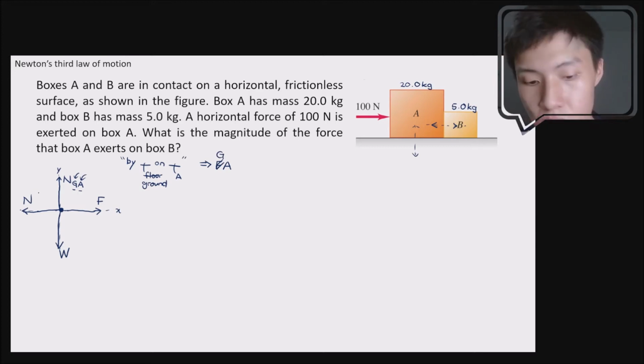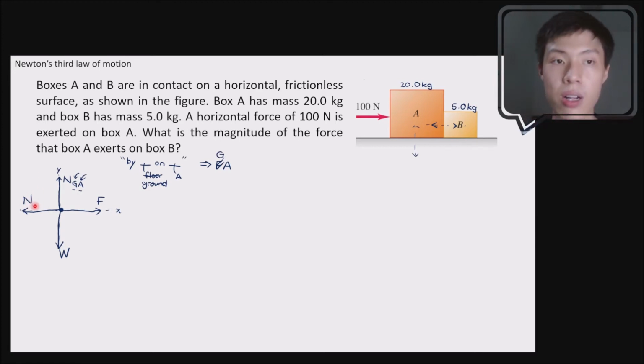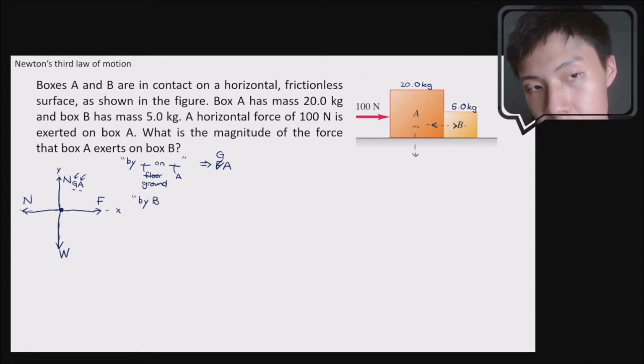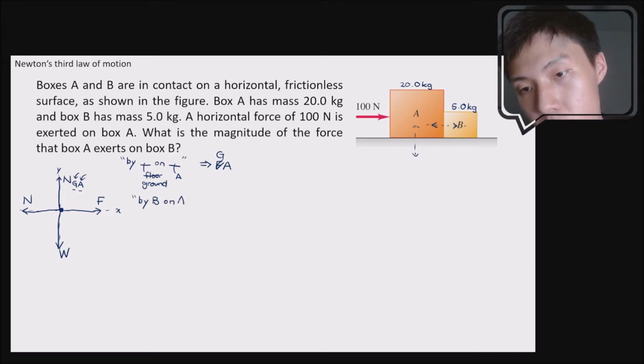Okay, how about this normal force over here? This normal force is exerted by box B on box A, right? Box B is pushing box A. Box B exerts the force, and box A experiences the force. So if you write it, it will be by B on A. In notation, it will be BA.